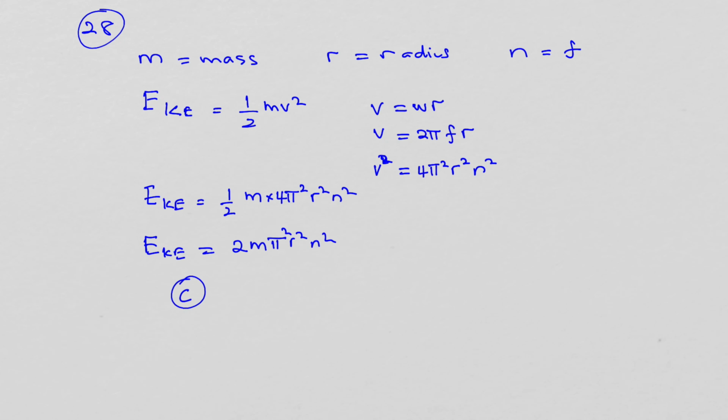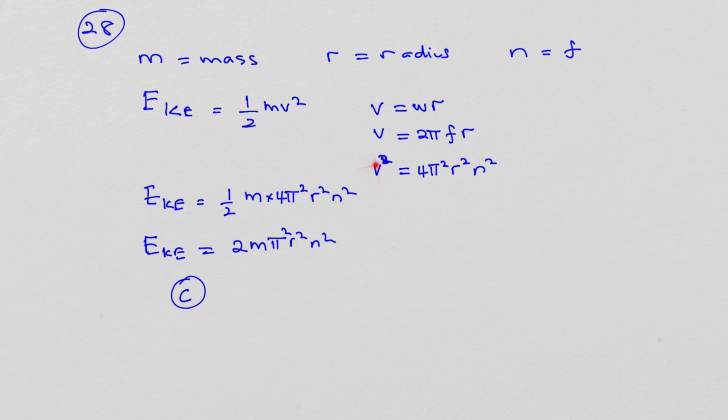What is the kinetic energy of the object? So we have m as the mass, r as the radius, and n as the frequency. So n equals f. Kinetic energy is a half mv squared. We know v equals omega r, and v equals 2 pi f r, because omega is 2 pi f.